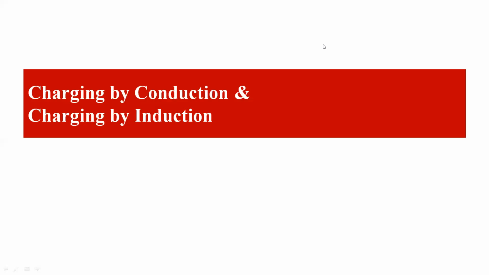Now we have already studied, if a body loses electrons, then what happens to that body? The body becomes positively charged. Yes or no? If a body loses electrons, the body becomes positively charged. And if any body gains electrons, then the body becomes negatively charged.